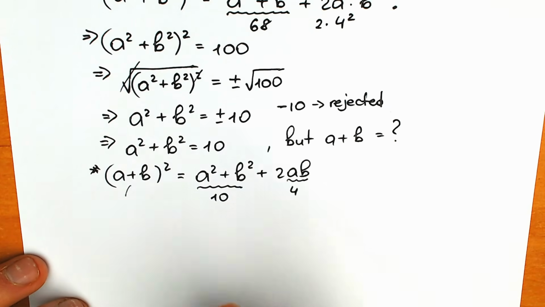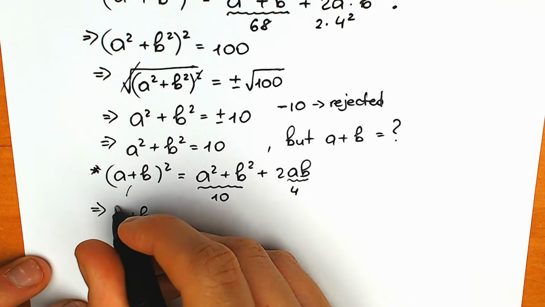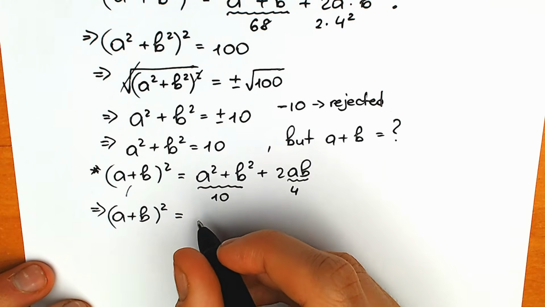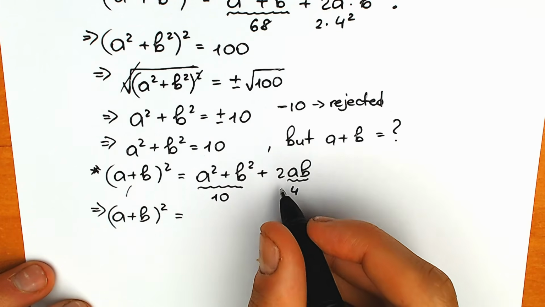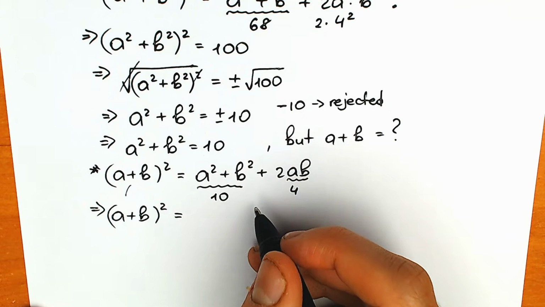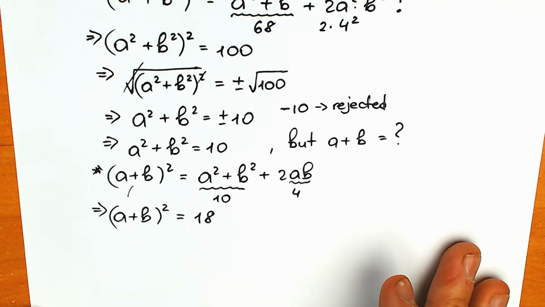So let's plug in everything from here. Our (a + b)² equal to the sum of two squares, 10, plus 2 times 4 equal to 8. So we are talking about 18. So (a + b)² equal to 18.